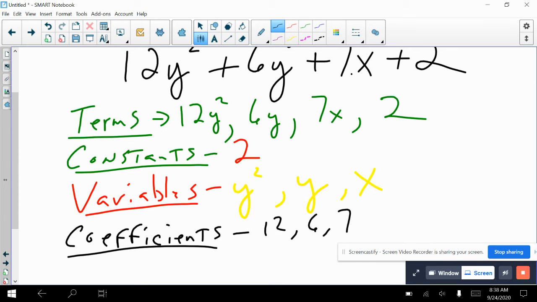Just the numbers. We've already identified the variables in the variable section. The coefficients are just the numbers in front of a variable. Okay. So far, so good.